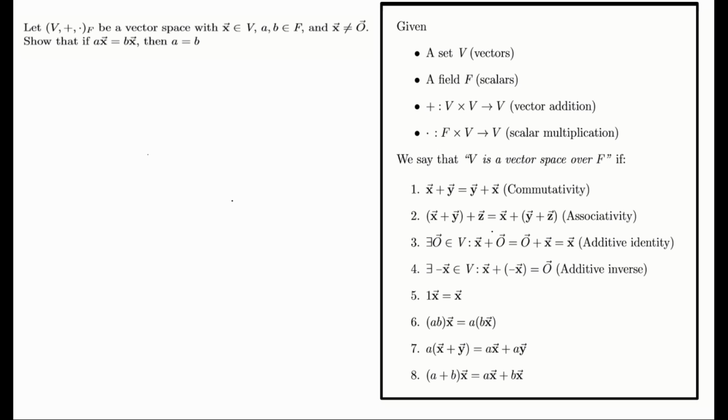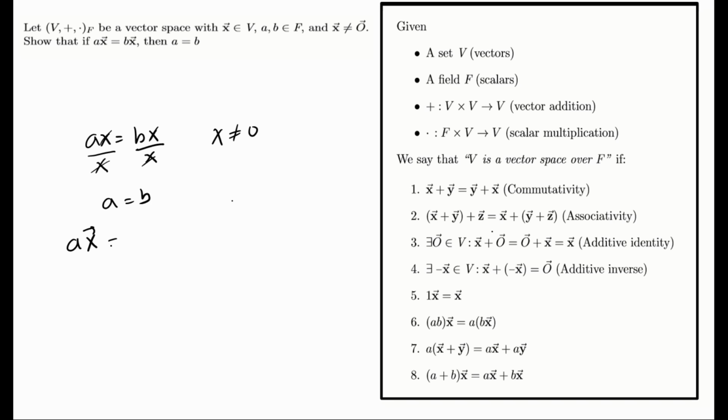In regular algebra, if I have ax equals bx, and I know that x is not equal to 0, then I can divide both sides by x, cancel the x's, and we have that a equals b. This doesn't work for vectors because there's no such thing as division by a vector x. However, the same property still holds.